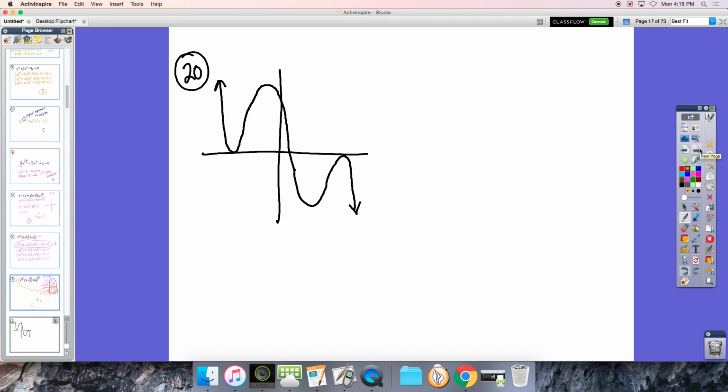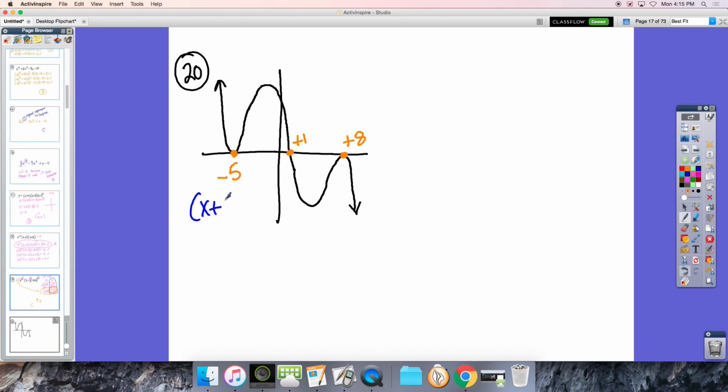And number 20, which equation best matches the following graph? There's a couple different ways to look at this. You can look at the end behaviors and see which one matches. An easy way to look at it is to look at your zeros. So the zeros are where you cross the x-axis. This one's at -5, +1, and +8, which would make our factors the opposites of these.